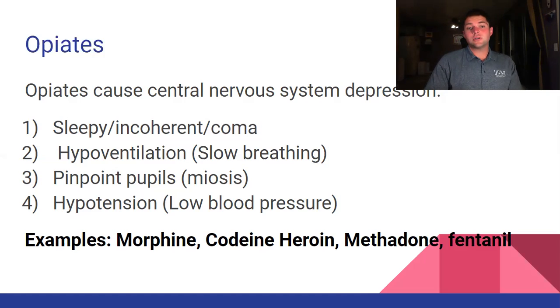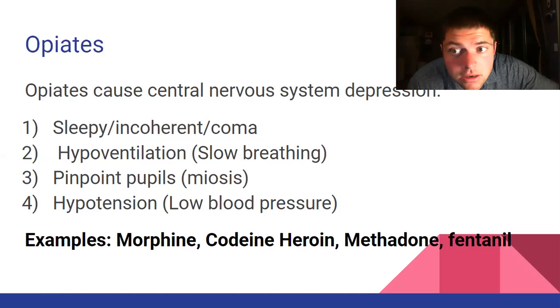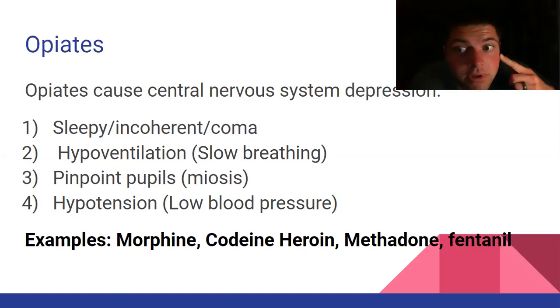So opiates also cause slow breathing, hypoventilation, which could lead to apnea, A meaning without breathing. Miosis is on here. Miosis is pinpoint pupils. I have a bright light right in front of me, and you can see that my pupils are very much constricted. They're about 2 millimeters, it looks like.